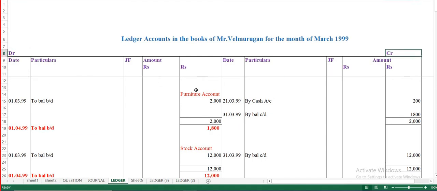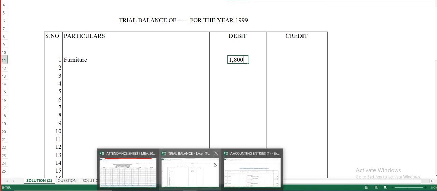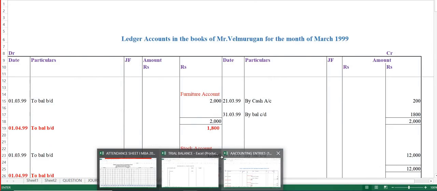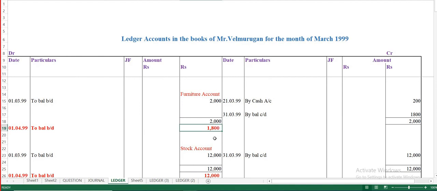So for the furniture account I have to enter the debit balance. On the debit side I have got the balance, so 1800 I have to mention on the debit. So let me give it over here. Furniture, under the debit column, 1800, that amount has to be filled over here.